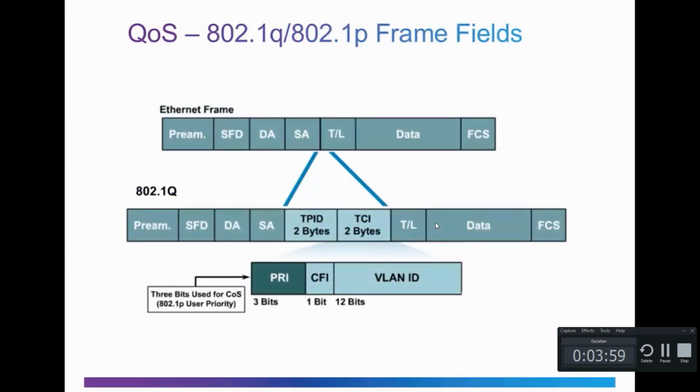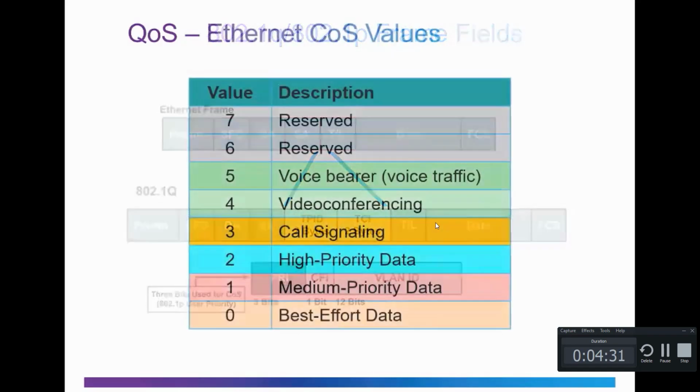In this slide, you can see how QoS marking happens at layer 2. We have an Ethernet frame, and the 802.1Q protocol can be inserted between the source address and the type length field. You can see the two fields inserted into the Ethernet frame: the TPID field and the TCI field, or Tag Control Information field, which contains a 3-bit PRI priority field which identifies the class of service, or CoS marking.